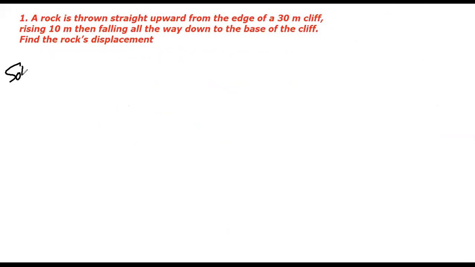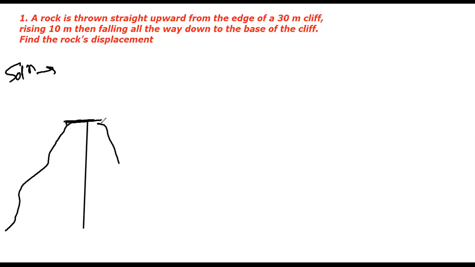The question says a rock is thrown straight upward from the edge of a 30-meter cliff. Suppose this is a vertical cliff, and this is the base, the earth.